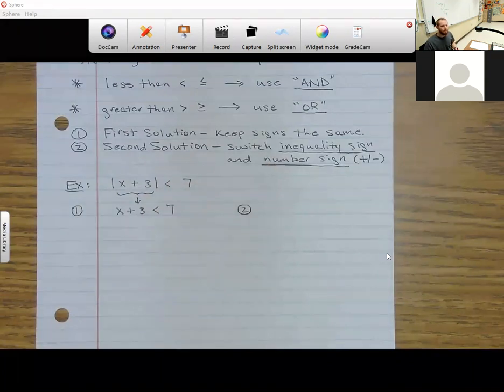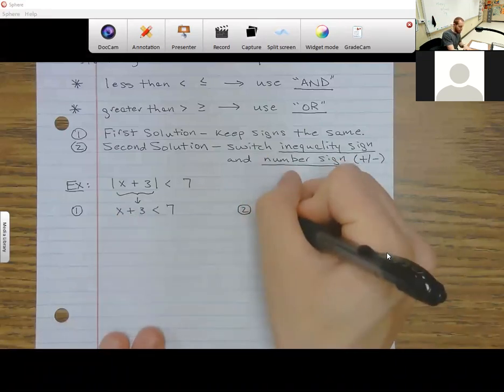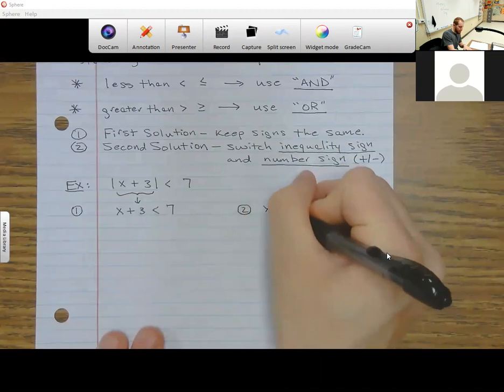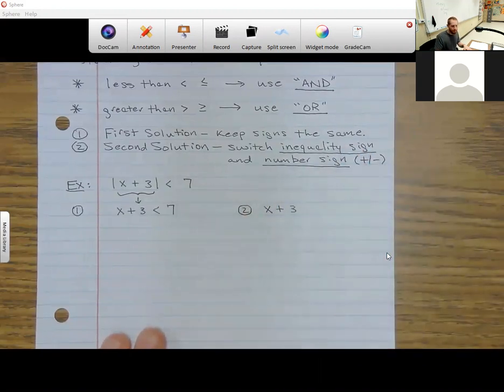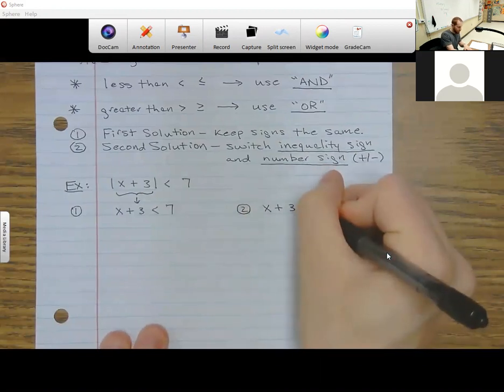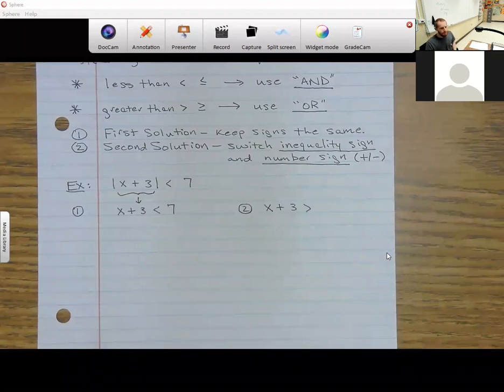Now, let's talk about the second solution. Remember when I said we have to switch both signs? What's that going to look like? Well, the x plus 3 is going to stay the same. But I'm going to be switching the less than to being a greater than, right? So this is actually going to switch to being a greater than, okay?